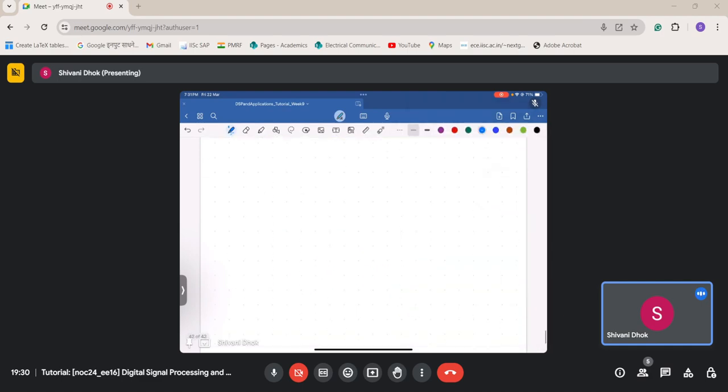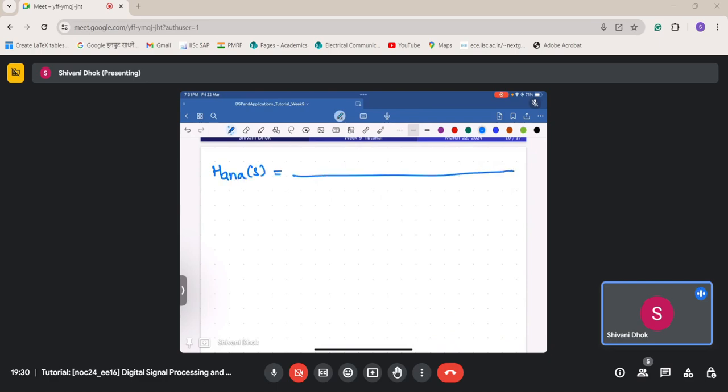Okay, so let me just reiterate this H analog of S here. So this thing was equal to S to the power 4 plus 2S square plus 1 divided by S to the power 4 plus 3.512 S cube plus 8.1671 S square plus 3.512 S plus 1.